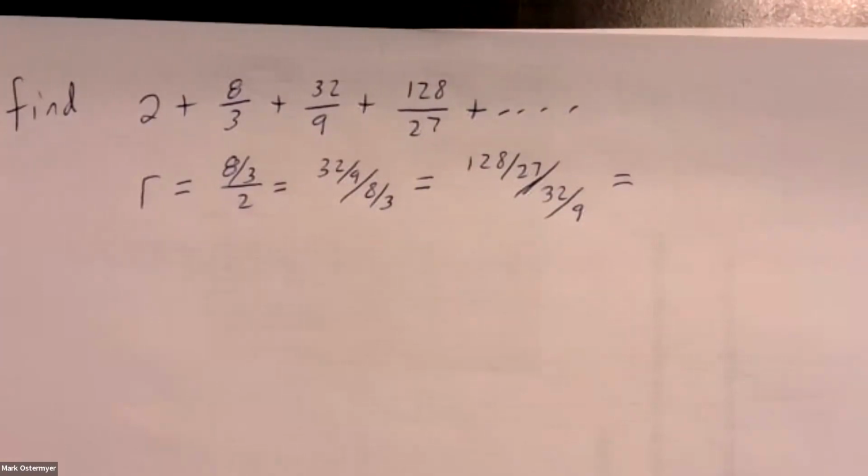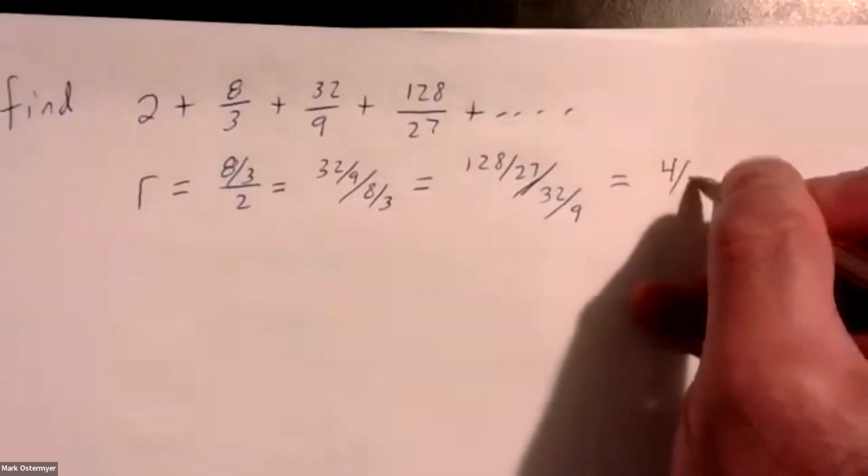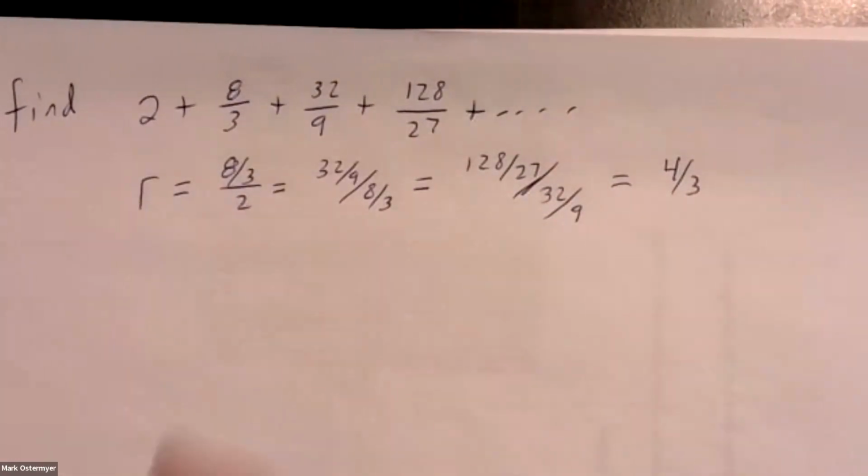So what's my common ratio? Well, 8/3 divided by 2 gives us 4/3. The common ratio is 4/3 here.